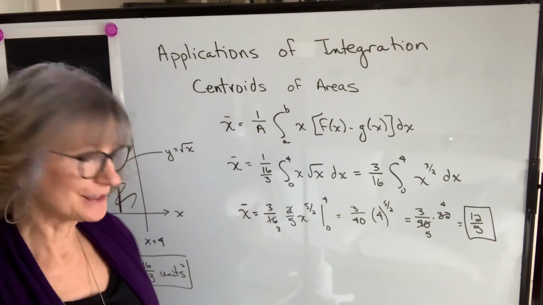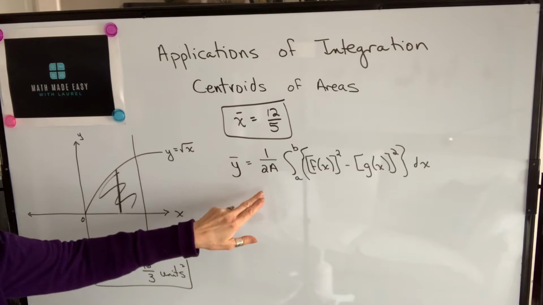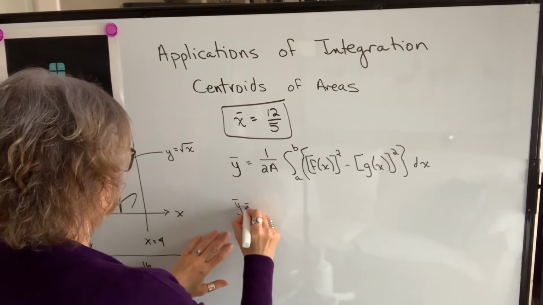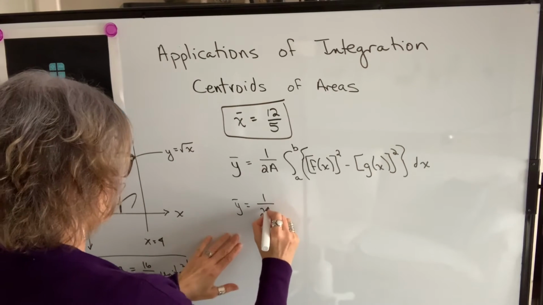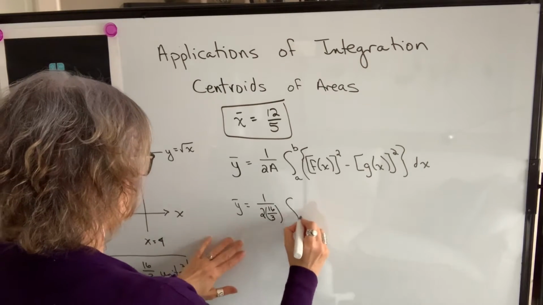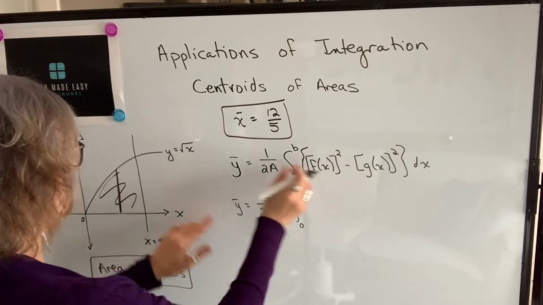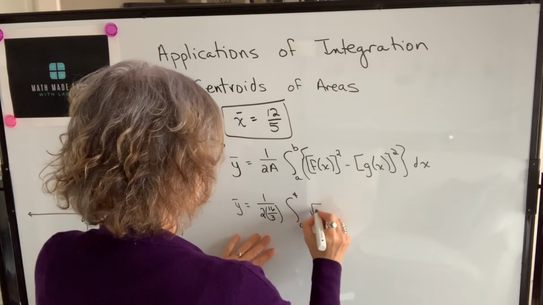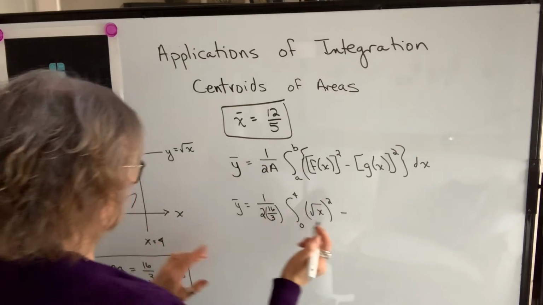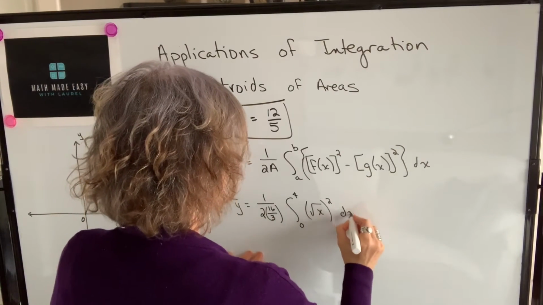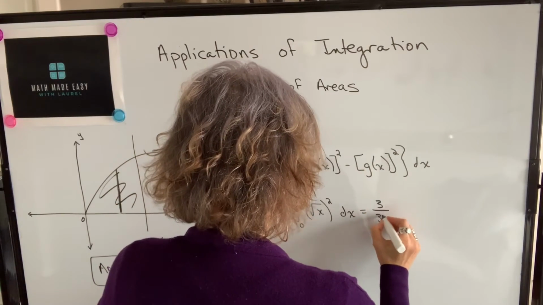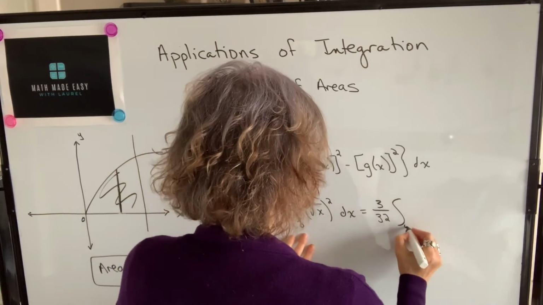Let's find the y-coordinate. So the formula for finding the y-coordinate is given. We're going to plug in area of 16 over 3. Integral from 0 to 4. Our top curve f of x is square root of x, so square root of x squared, minus the bottom curve, which is 0, squared is 0, dx. 1 over this will be 3 over 32. Simplify the integral.